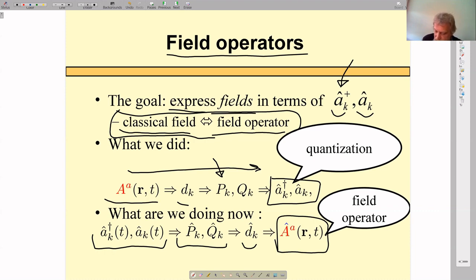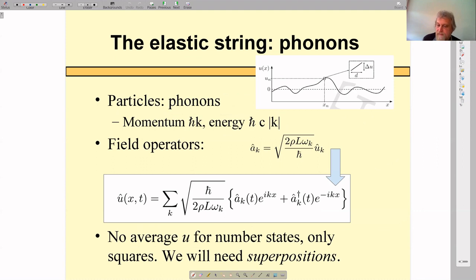Let me just give an example of such a field operator. To this end, we go back to one of the models we discussed in the previous lecture, the model of an elastic string.